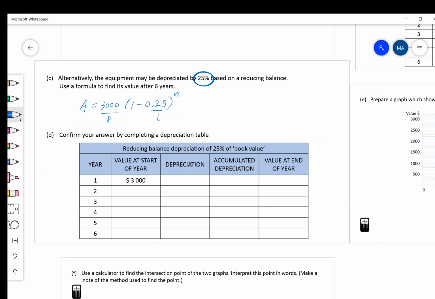So we're going to substitute 6 years into this. So n equals 6. What's the equipment going to be worth under the reducing balance method? So A equals 3,000, bracket 1 take 0.25, to the power of 6.